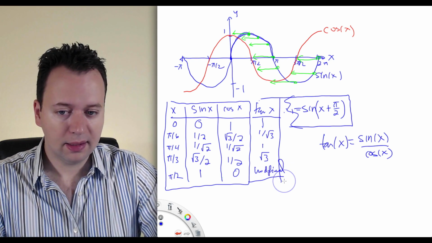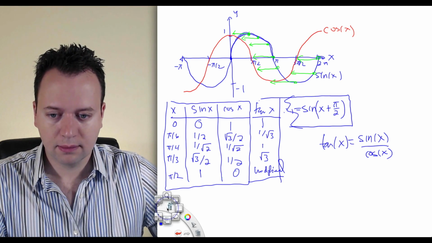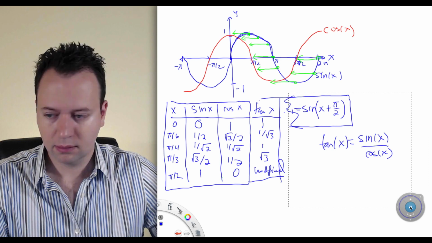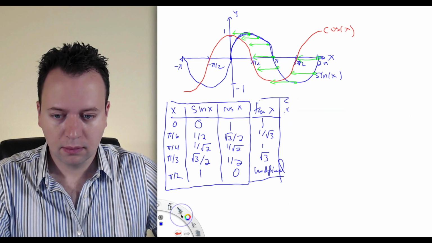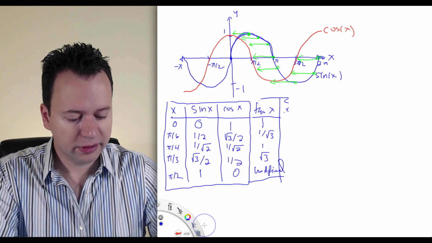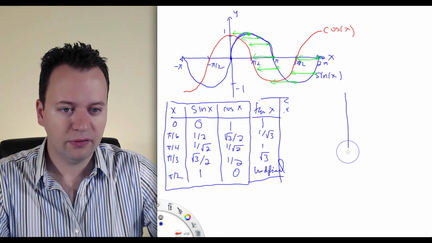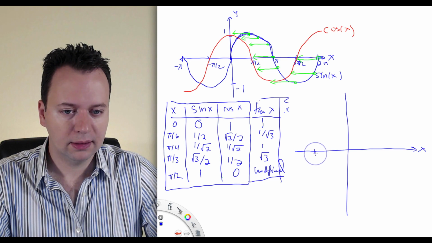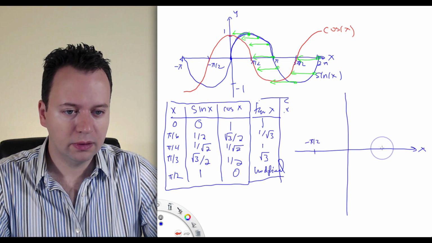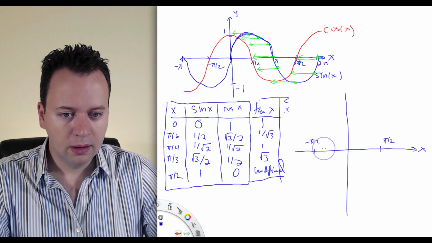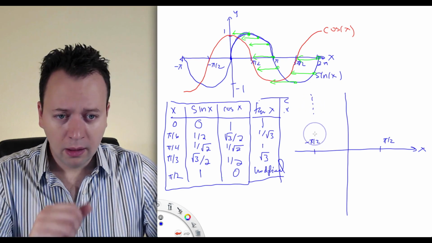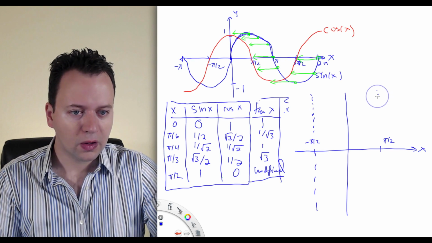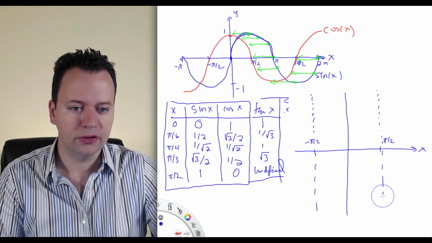So the tangent function looks like the following. If we draw a graph like this, with x at minus pi over 2 and pi over 2, we'll draw some dashed lines so we see where these two x values are.